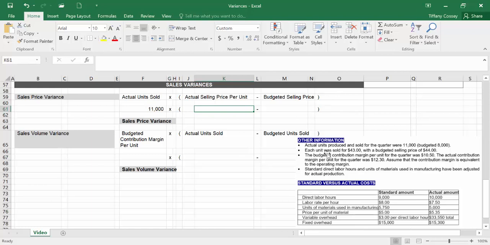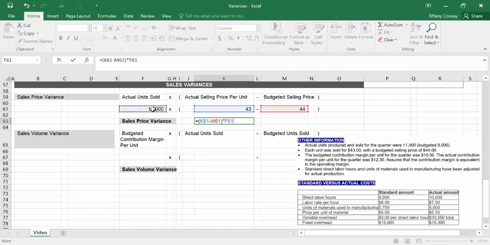So as we continue to read, in the second bullet point it says each unit was sold for $43 with a budgeted selling price of $44. So 43 minus 44 gives us a -1. Multiply that by 11,000. We should have a negative 11,000. But if you want to see the math, 43 minus 44 times 11,000.